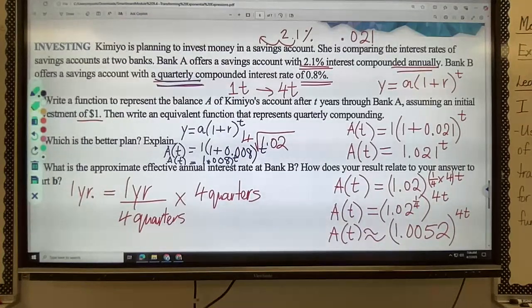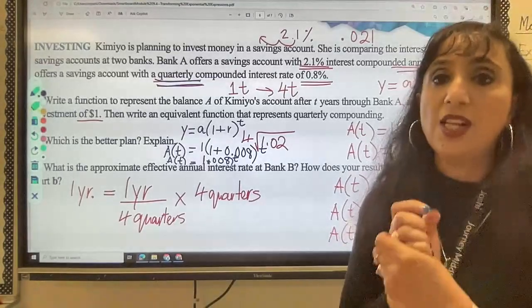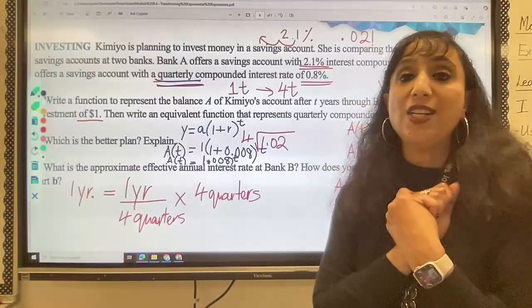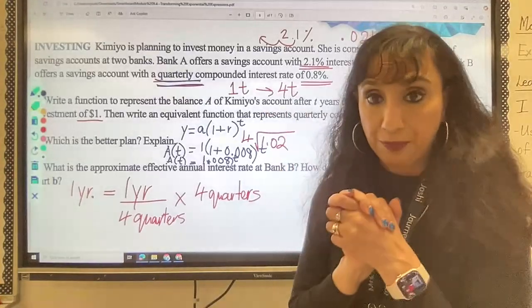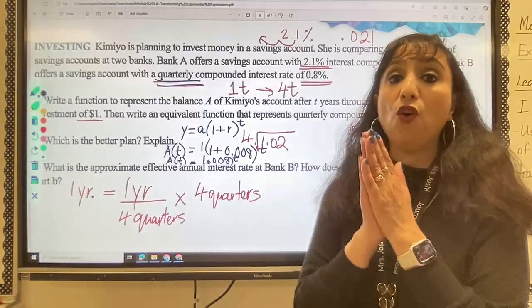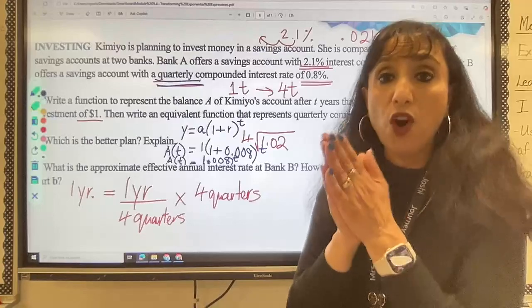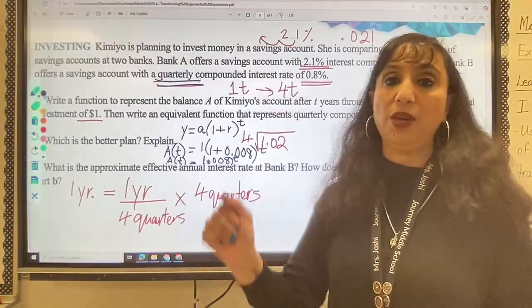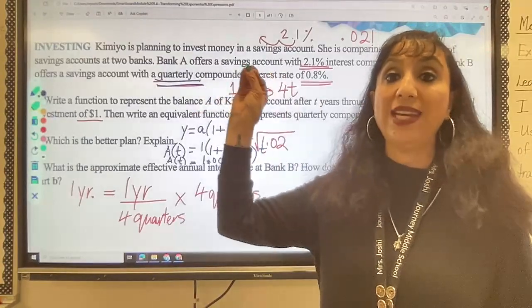Since there are 4 quarters in a year, the exponent should be 1/4 t. So now we are going from our quarterly to our annual. Because it was 4t, we need to take it to 1/4 t, because annual is for 1 year.